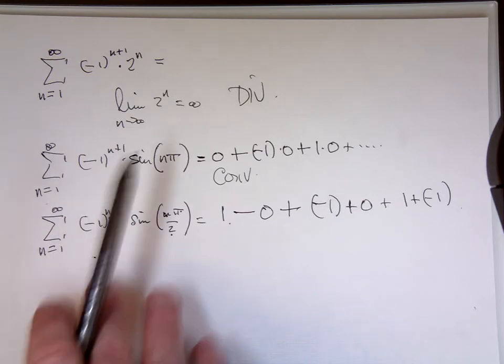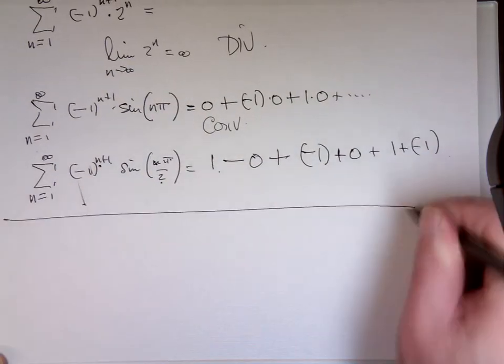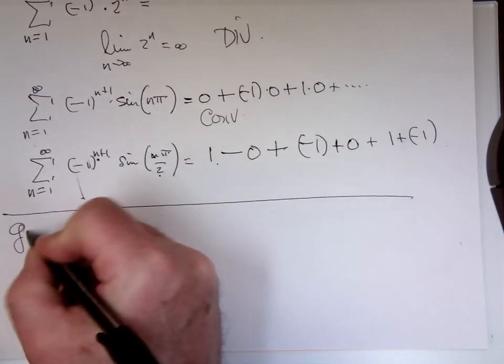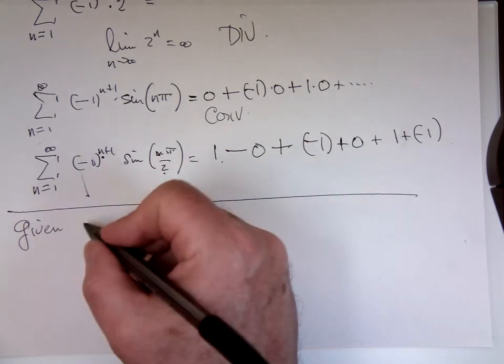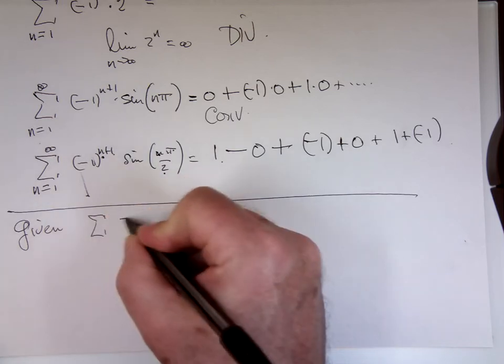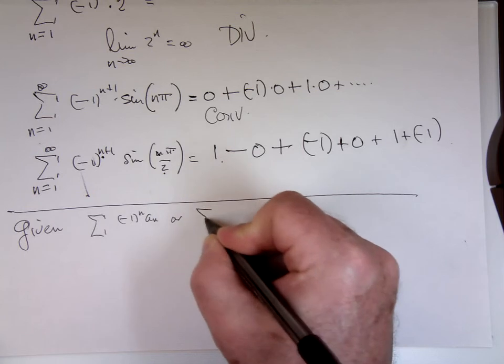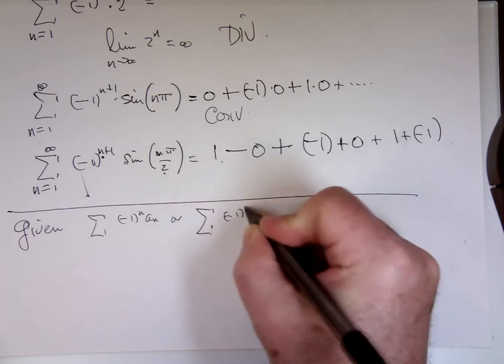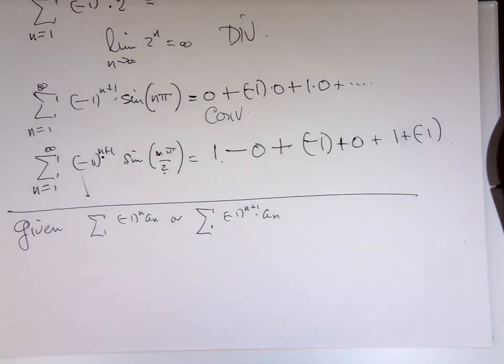Given an alternating series, either one that starts with negative 1 or positive 1 and then alternates, the a sub i's are all positive. Then you've got 3 possibilities here.